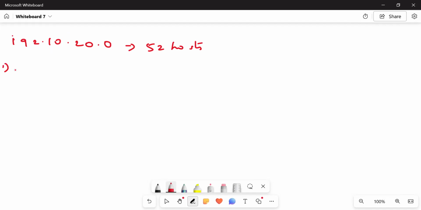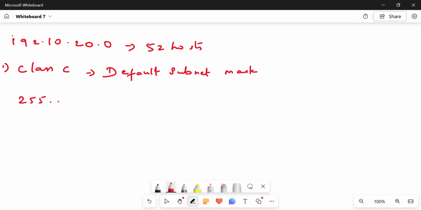Obviously, this IP address belongs to class C. And now we know that the default subnet mask for class C is 255.255.255.0. That is, three octets for the network ID and the last one is for hosts.